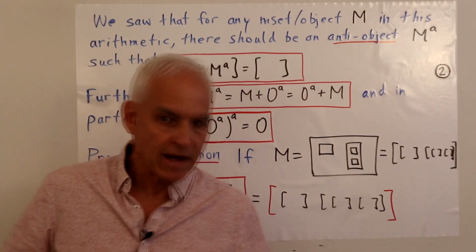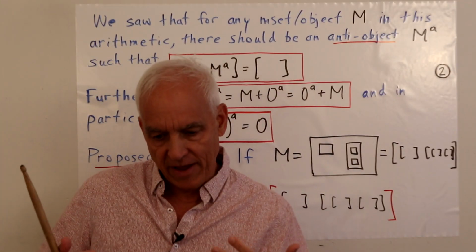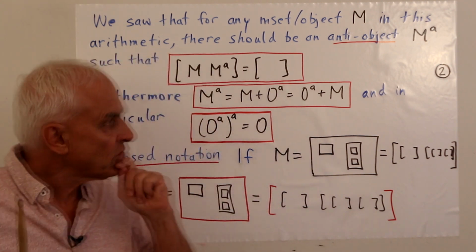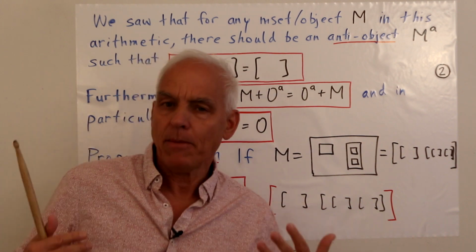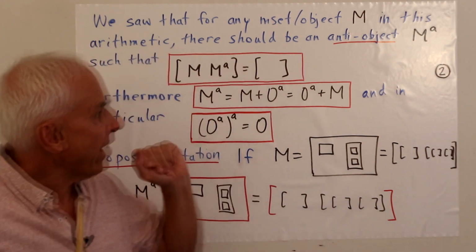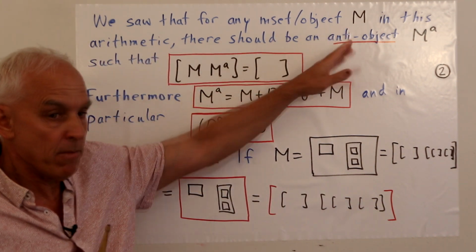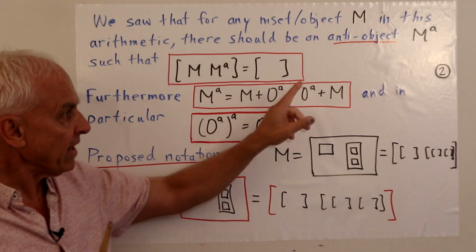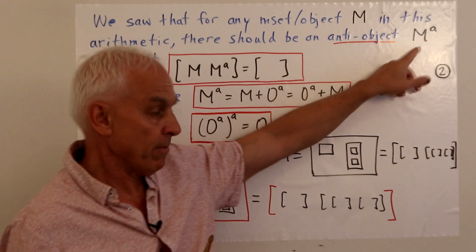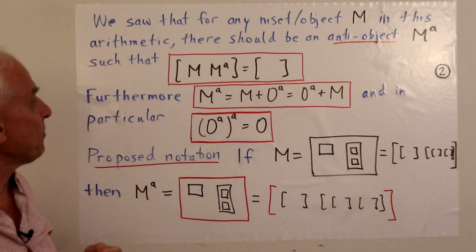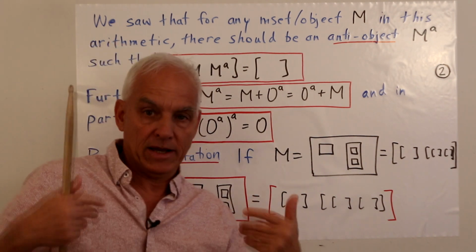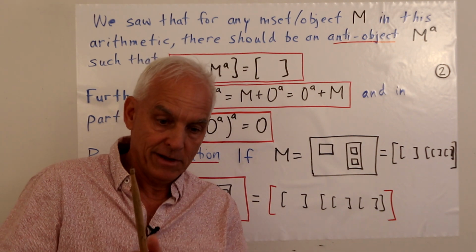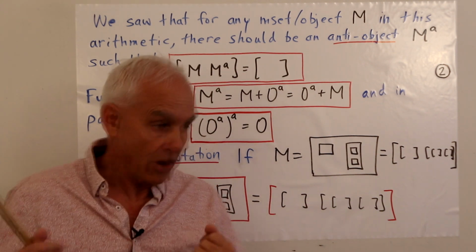Okay, so last time we saw that as a consequence of having anti-zero, we should probably extend this anti-notion to msets very generally, so that for any mset or object m in this arithmetic, there's going to be an anti-object, which we denote by m super a, which has the property that if m and anti-m are together in an mset, then they cancel out, just like an electron and a positron.